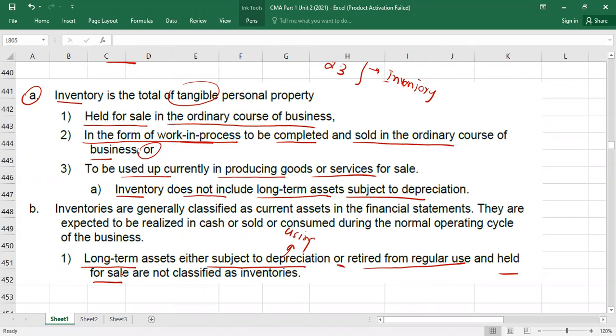Retired assets held for sale are not classified as inventory because it is not your ordinary course of business. So mostly you have to remember these 3 points for the definition of inventory. Understood? So here we go.